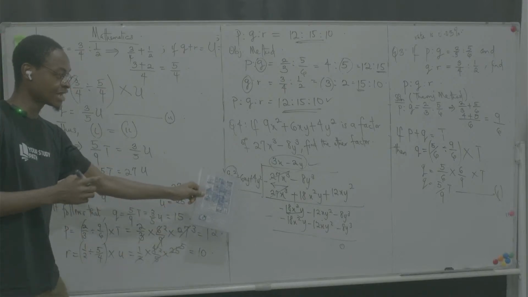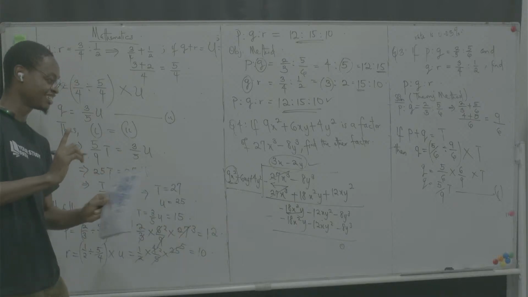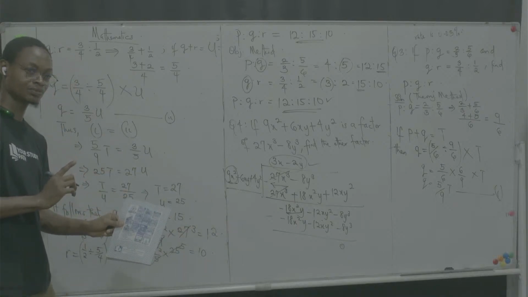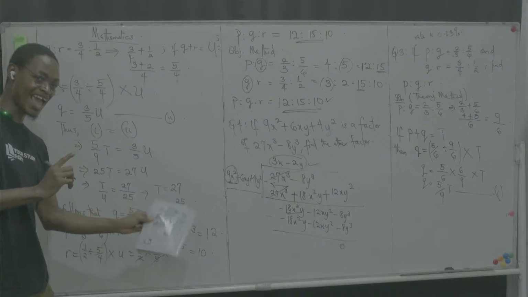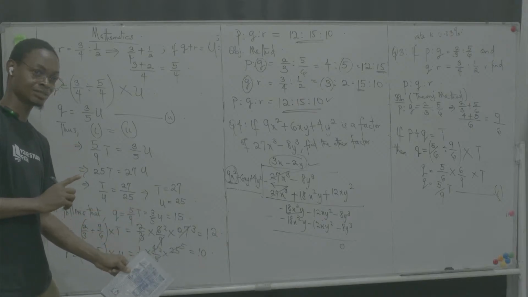I can carry out this long division in a different way. Instead of dividing by x, I can decide to divide by y. Do you agree with what I'm saying?